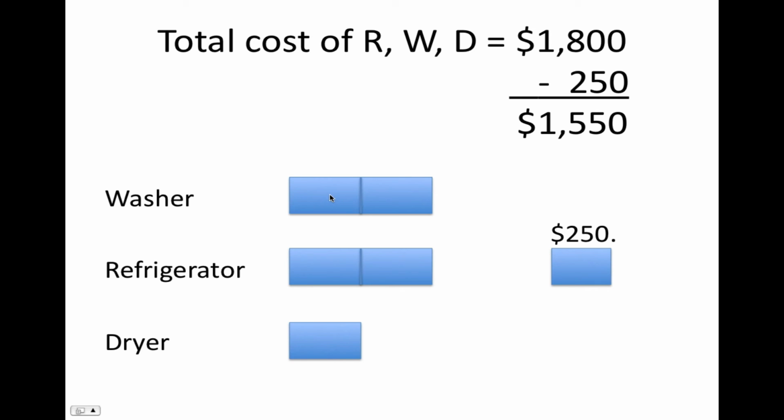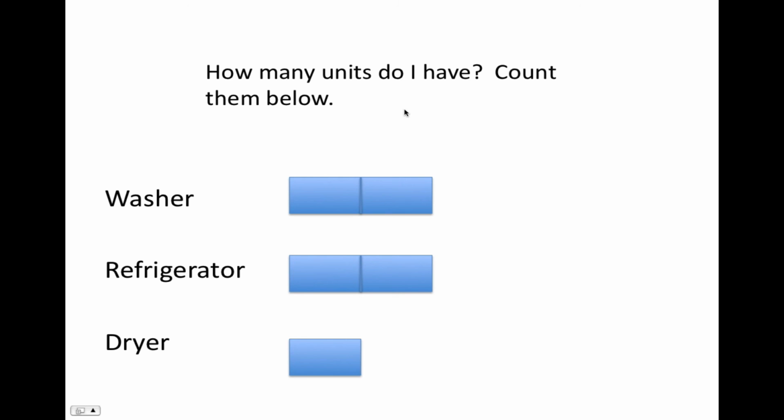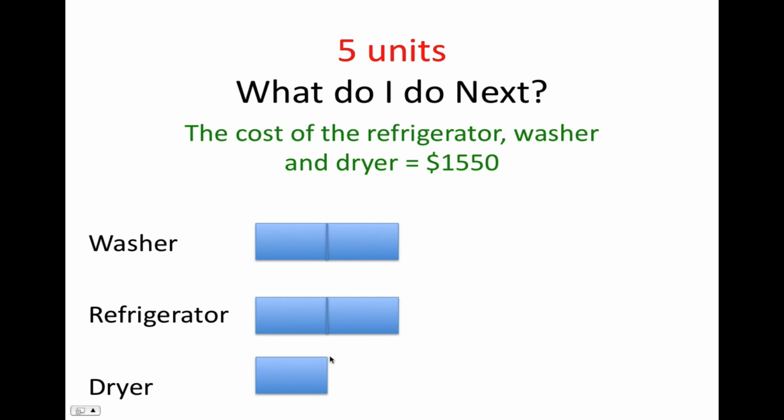$1,550. So let's just take a look. We have these 5 boxes that are equal, and we're looking at they are equal to $1,550. So how many units do I have? Let's count them. 1, 2, 3, 4, 5 units. What do I do next?